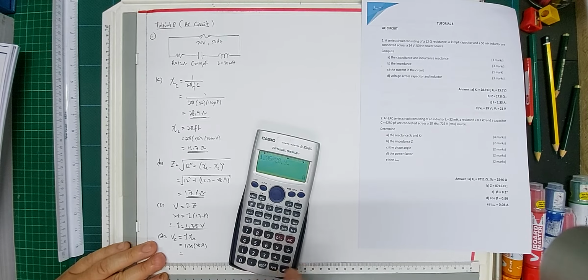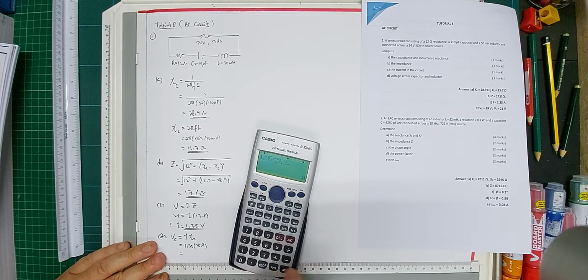Next one is VL, which is I times chi L: 1.35 times 15.7, so I got 21.2 volts. So that is the true value.